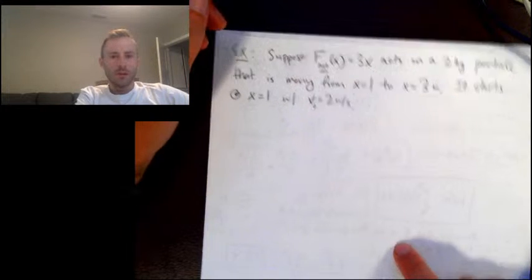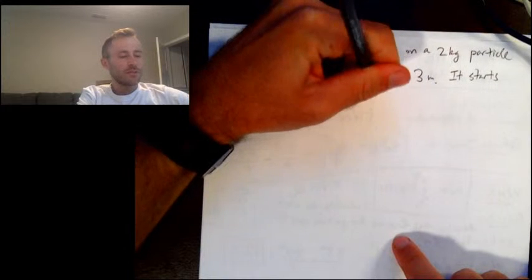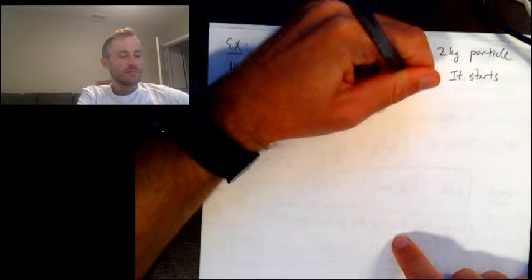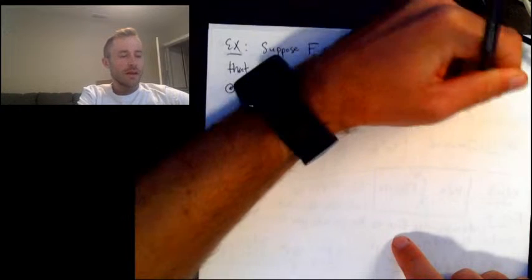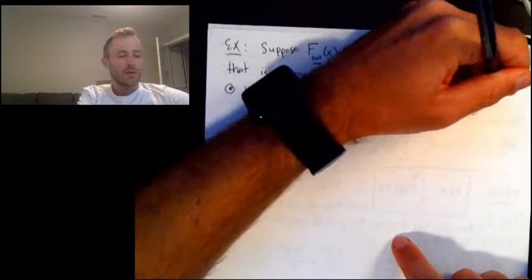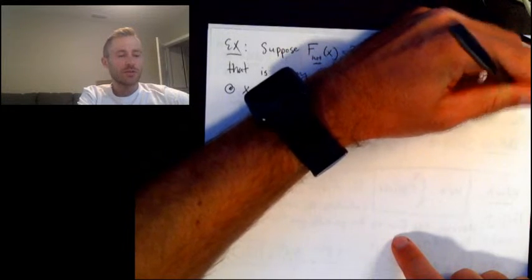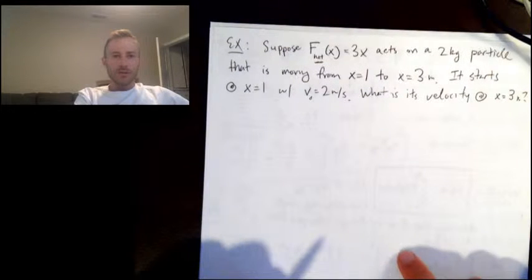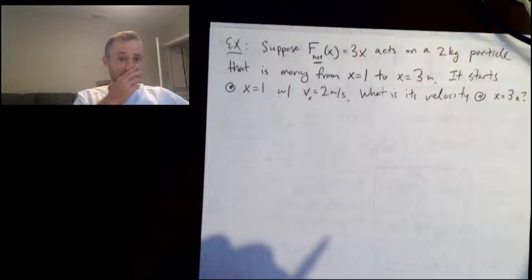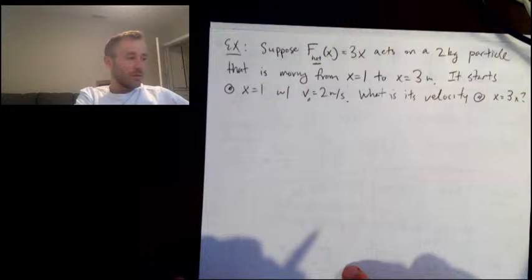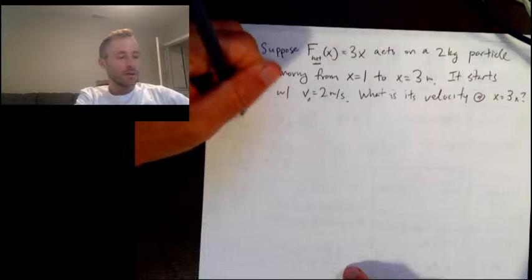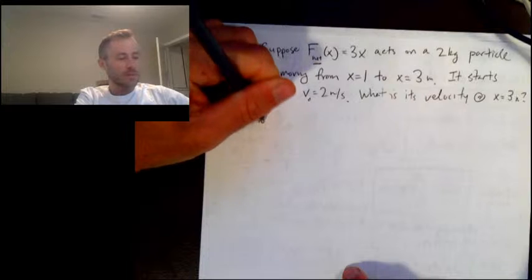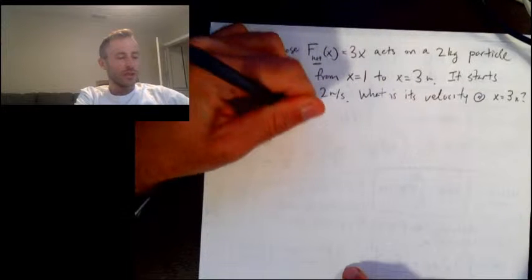What we want to know is, what is its velocity when it arrives at x equals 3 meters? Okay? So we are going to apply the work kinetic energy theorem to this problem. Net work equals change in kinetic energy.